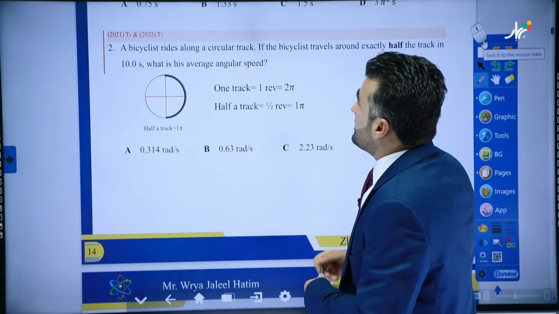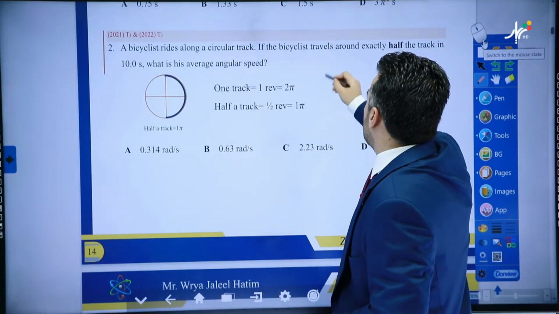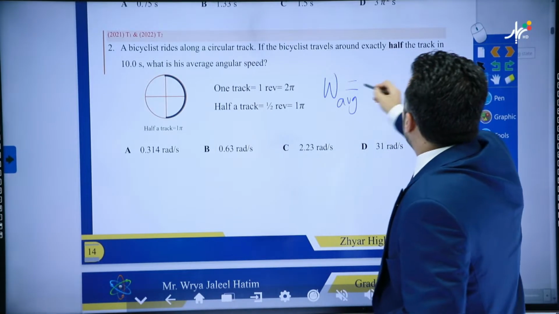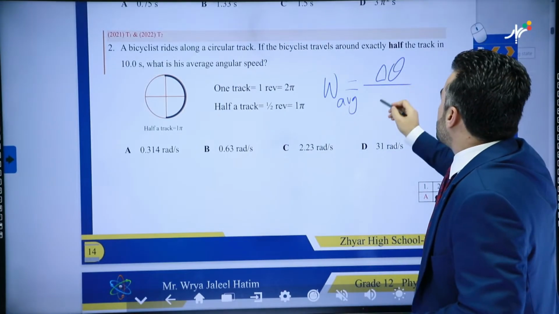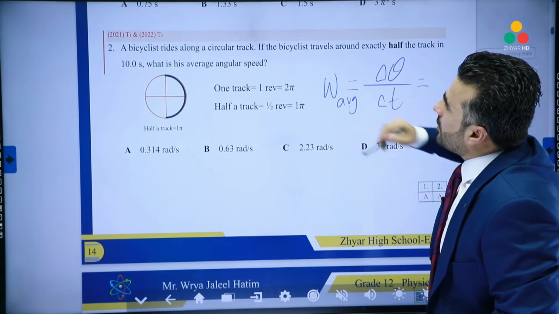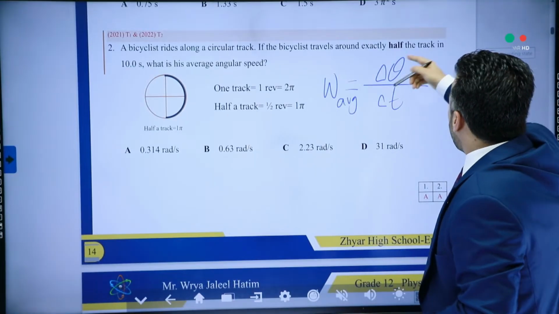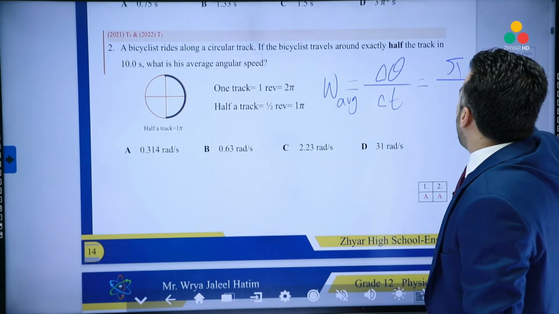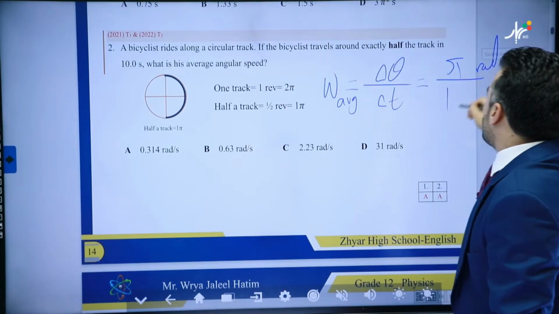All right, it says, what is the average angular speed? Average angular speed equals the change in angular displacement divided by delta t. Delta t here is 10 seconds. So half a track is going to be pi, right? Remember, you have to use pi radians. Divided by 10 seconds.